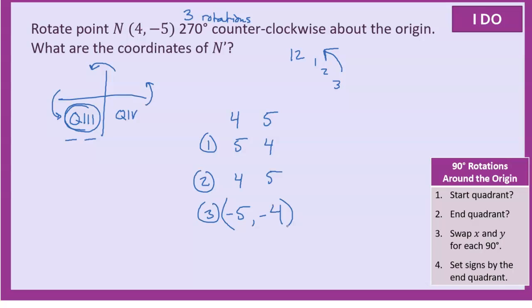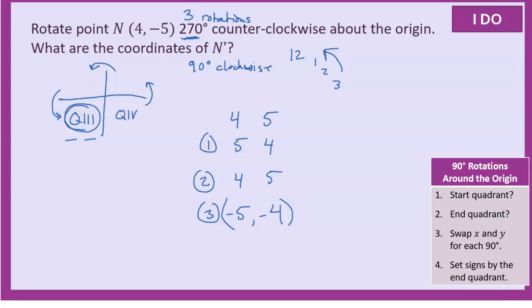Now another way you may have thought of this that is also valid and even quicker is you could have said to yourself, well, 270 counterclockwise is equivalent to 90 degrees clockwise. That's the same transformation.